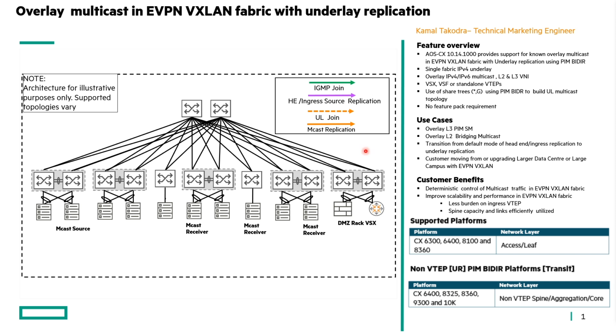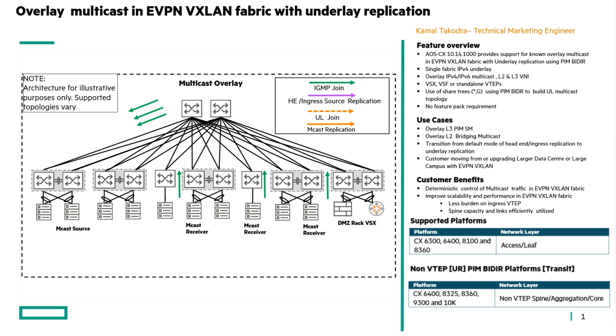Let's now step back and look at both head-end ingress replication and compare it with underlay replication. First, we look at head-end replication. We have multicast in the overlay. In this example, we have three multicast receivers sending an IGMP join. These are forwarded to the spine, and these are in turn forwarded to the multicast source VTEP on the far left.